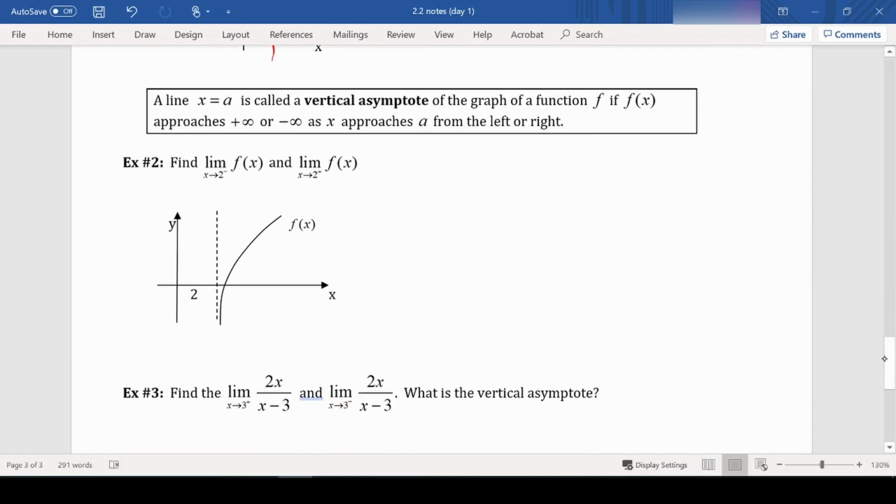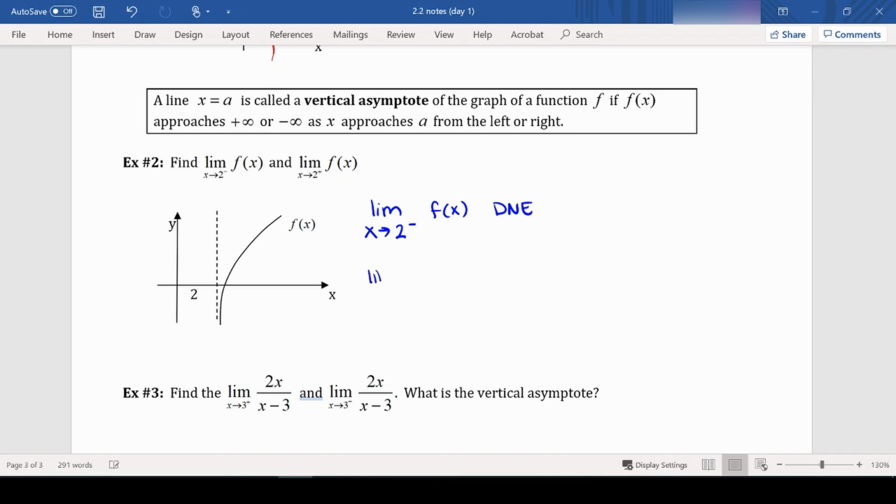Something like this, okay, which looks kind of like a logarithmic graph. You can see there is no part of the function on the other side of our asymptote. So the limit as x approaches 2 from the left does not exist because there is no function on the left. There's nothing there.